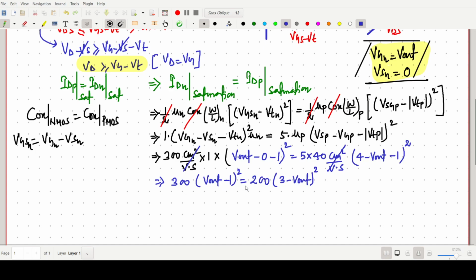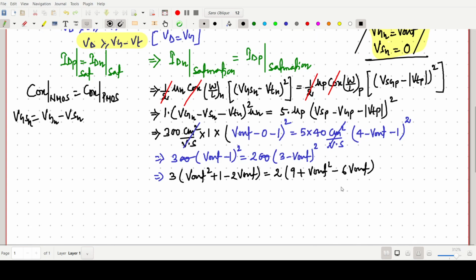Okay, so this double zero will be cancelled, and then we have to solve this one. If we solve, better first break it: V out square plus 1 minus 2V output equals to 2, then 9 plus V output square minus 6V out.